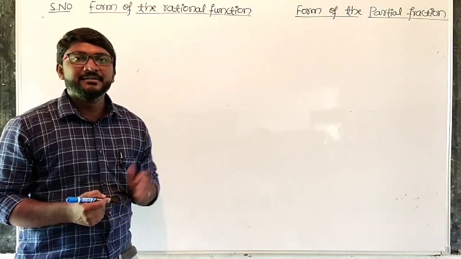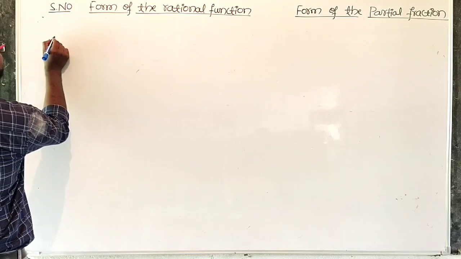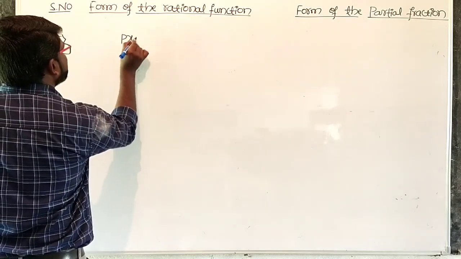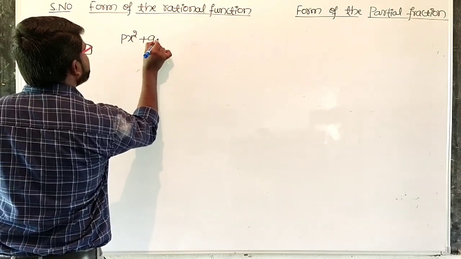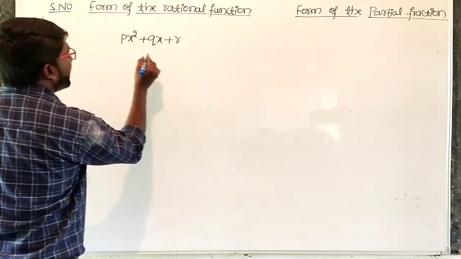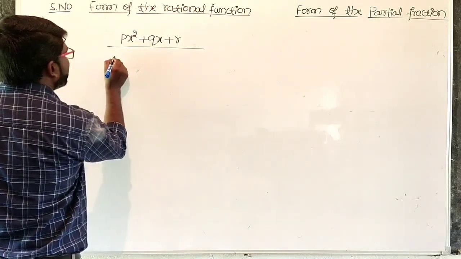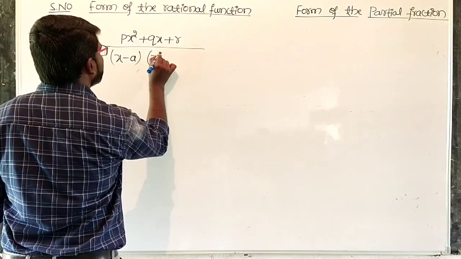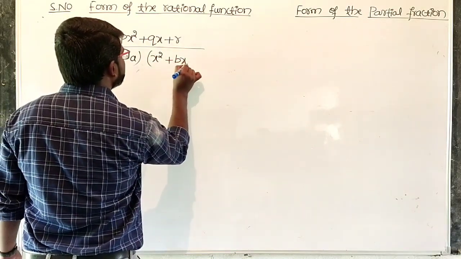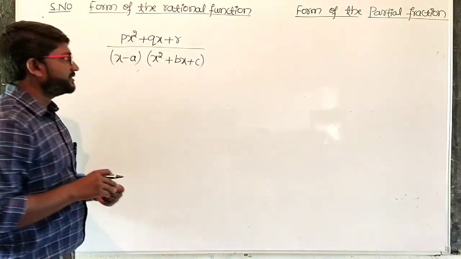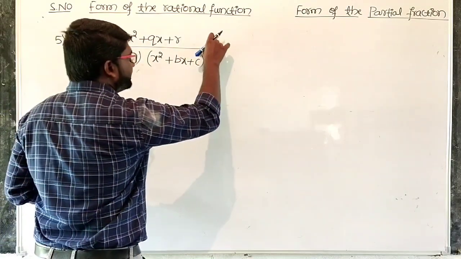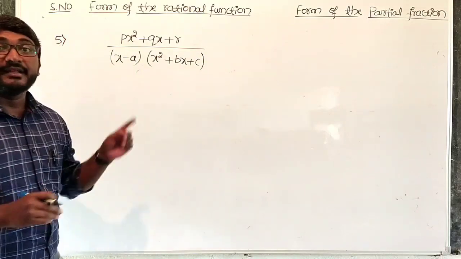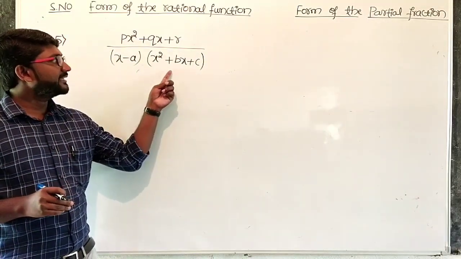Well, let us write the fifth one. See here, px square plus qx plus r divided by x minus a into x square plus bx plus c. So observe one thing. Here in the fifth case, we have a quadratic polynomial in the denominator. Till now we did not get this case.